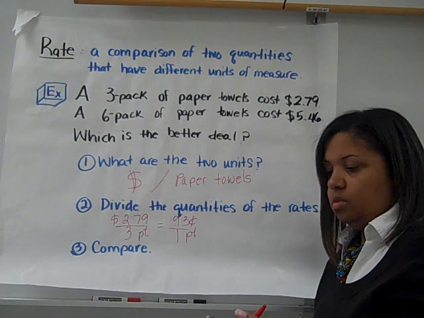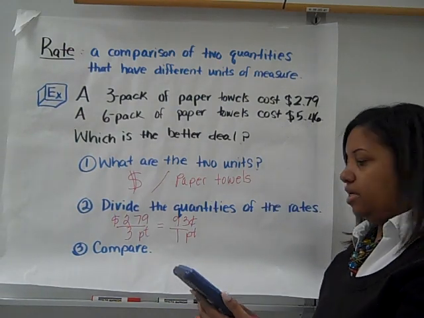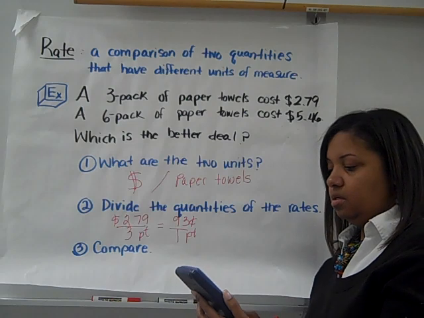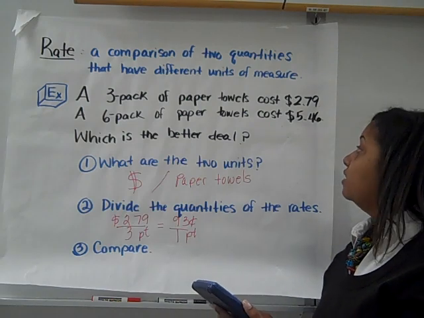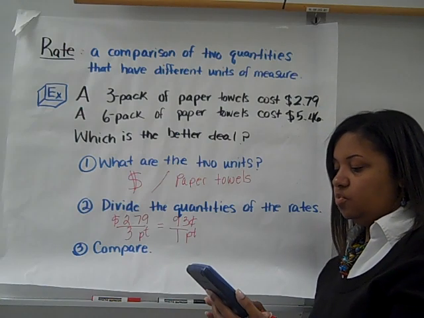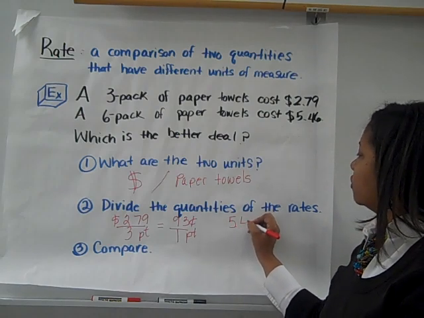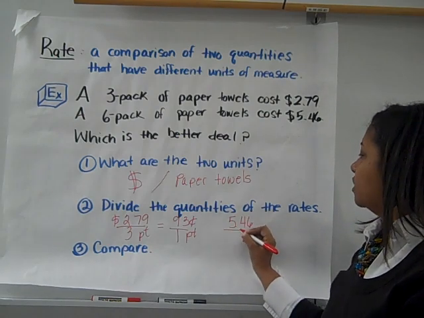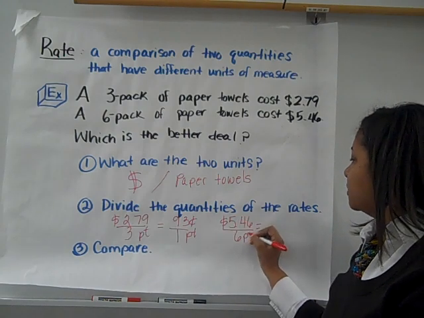Okay, hopefully that wasn't too weird. Let me check it. So 2.79 divided by 3, and that is 93 cents. And then we have the other one, $5.46, and we're going to divide that by 6, money versus paper towels.